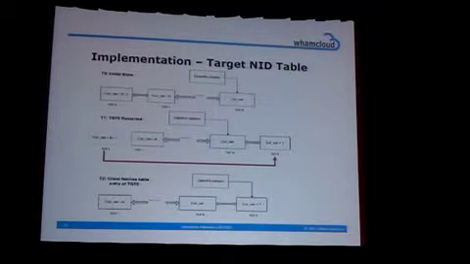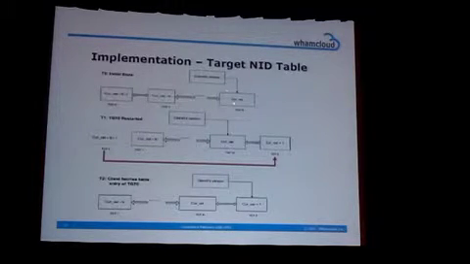Okay, so this diagram demonstrates the main process of handling the transfer of the updated NID table. At the initial time, the client version is in sync with the current version.